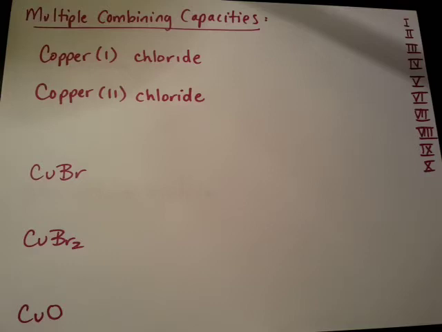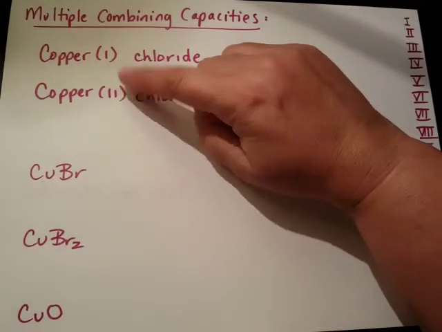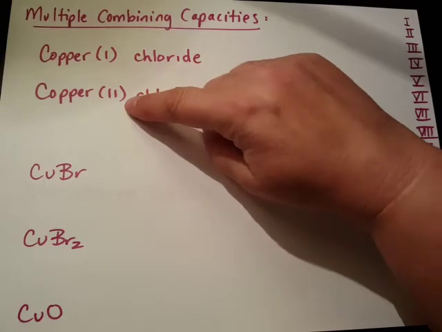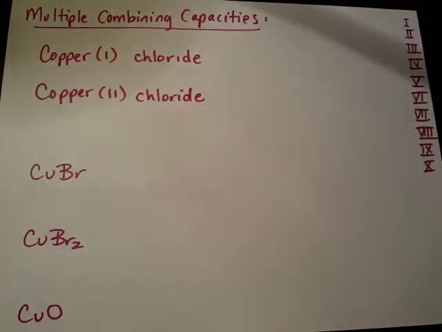Some elements, particularly your transition elements, can create multiple ions. For example, copper, we can see copper 1 or copper 2. Copper 1 wants to give away 1 electron. Copper 2 wants to give away 2 electrons.